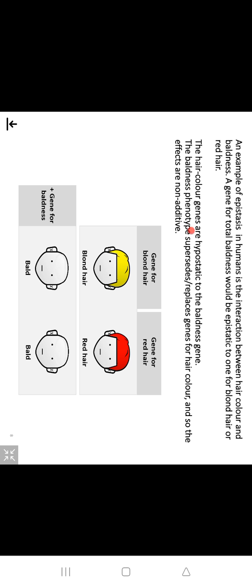So hair color genes are hypostatic. You see, they are the ones whose effects are masked by the baldness gene, which is the epistatic one. So the hair color genes are hypostatic, the baldness gene is epistatic. So the baldness phenotype supersedes, or actually replaces, the gene for hair color, and so the effects are not additive.